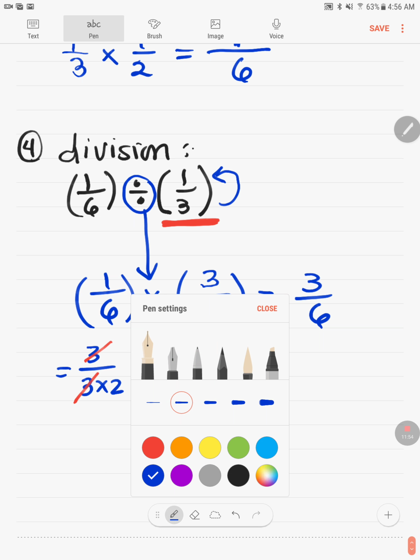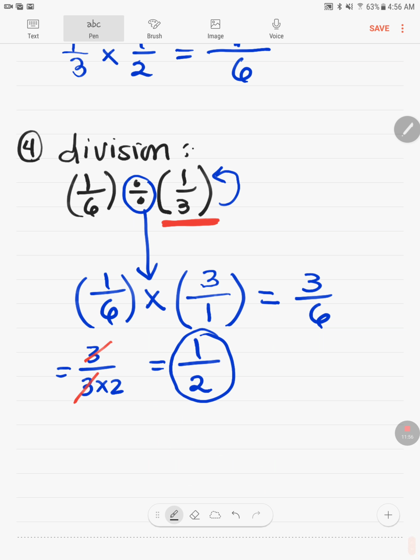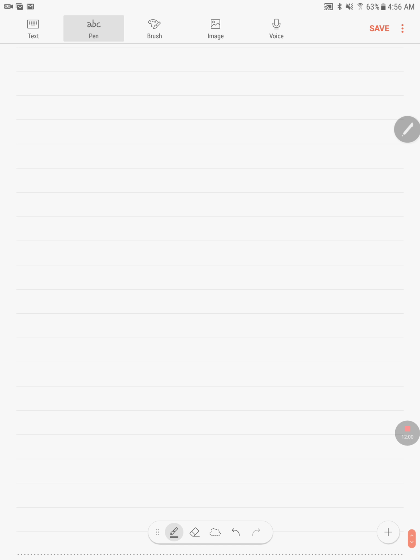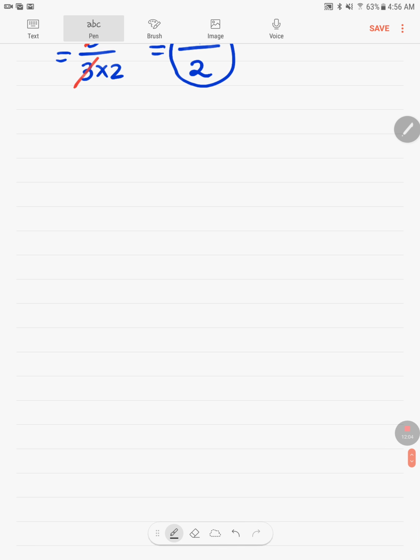Okay, now let's try another example that involves mixed operations, and this will seal this topic.